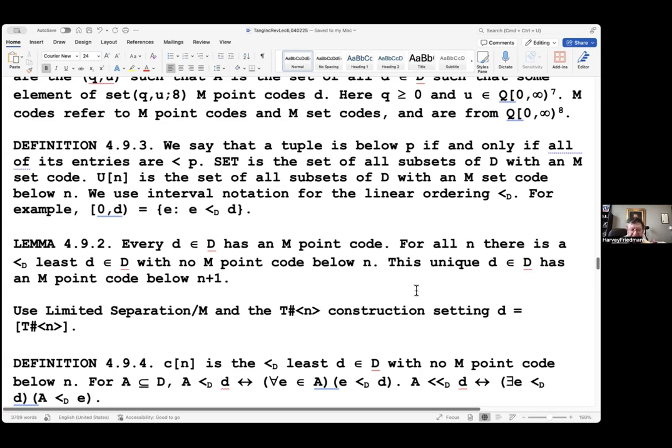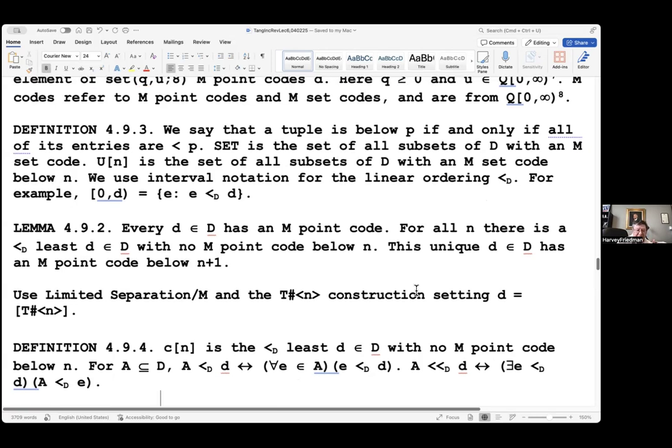So in this setup, that's a very important place, namely the least D in the domain with no endpoint code below n. That's going to be our new indiscernible, the nth indiscernible when we pass to this internally well-founded structure.